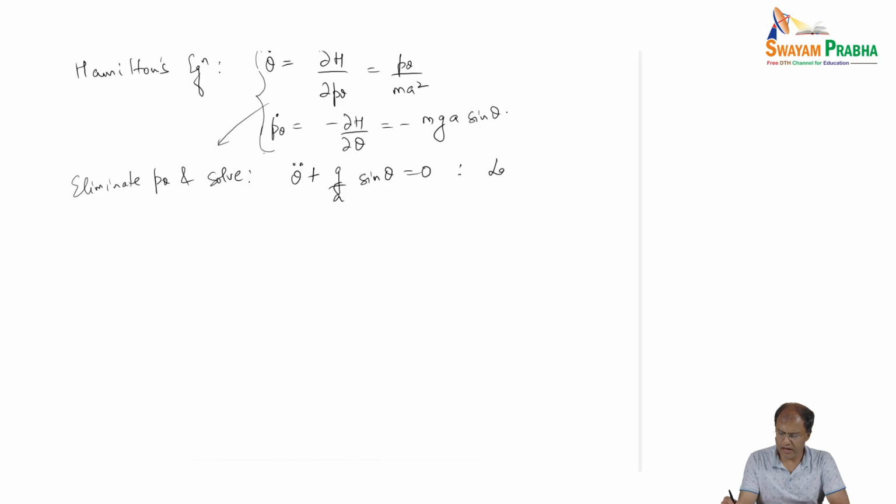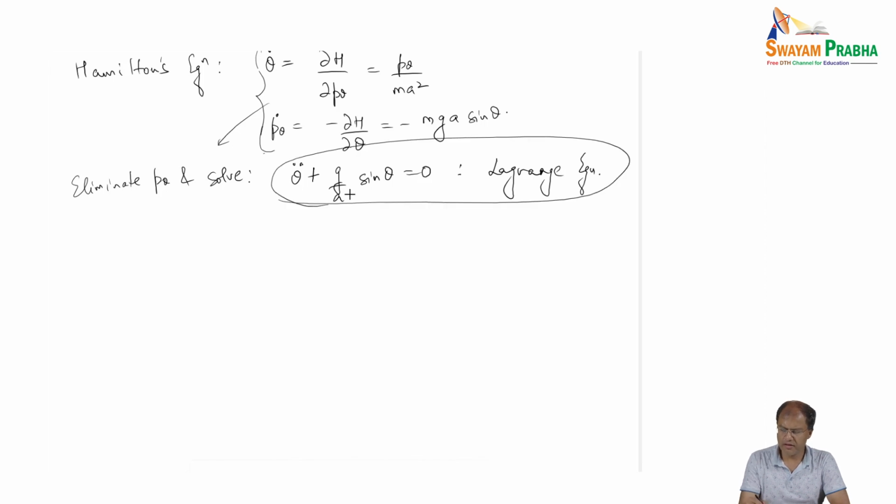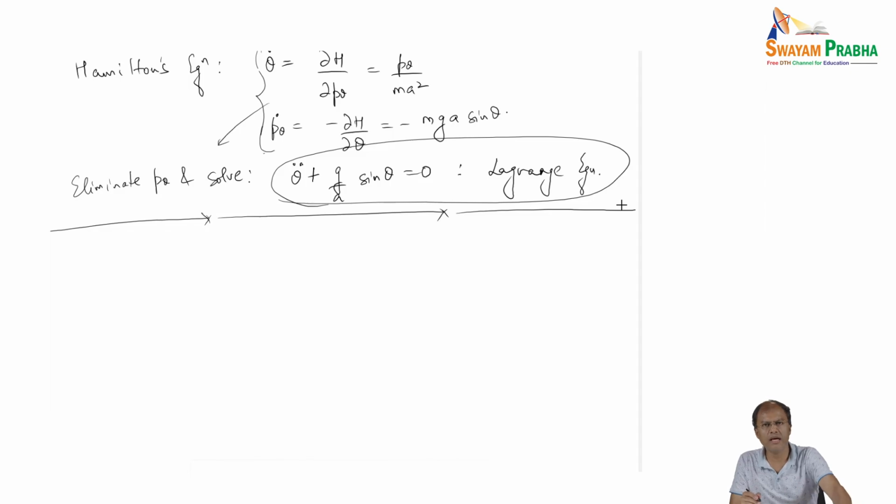So this is our Lagrange equation for the system, which we can quickly check using our Euler-Lagrange equations. Okay, so as far as an example is concerned, that should clearly explain how to utilize the concept of Hamiltonian and write the set of Hamilton's equations.